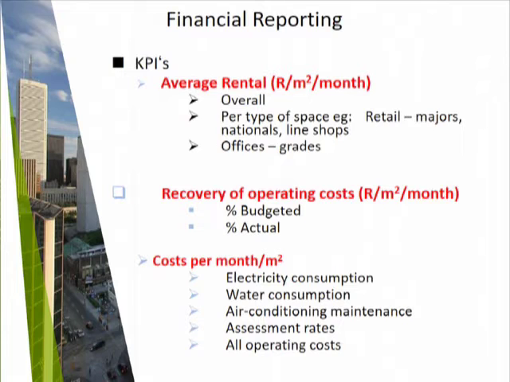One could be average rental per square meter per month for different kinds of space or different grades of offices. A second one is how much of the operating costs are you recovering relative to the budget. A third one could be what are the costs per square meter per month if you look at things like electricity or water or assessment rates and whatever.